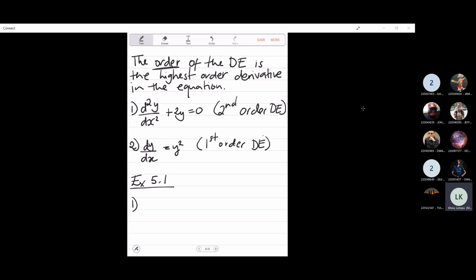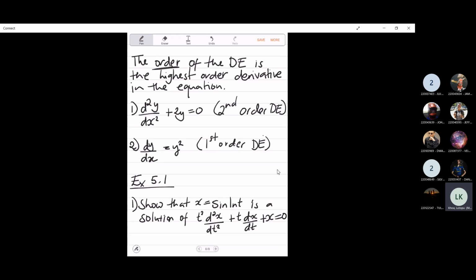It says, show that x is equal to sine ln of t is a solution of t squared d2x/dt squared plus t dx/dt plus x is equal to 0. Okay, so that is what we want to show.